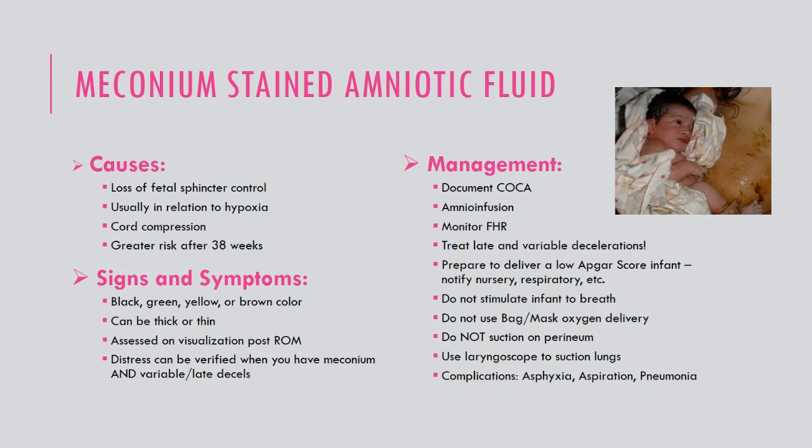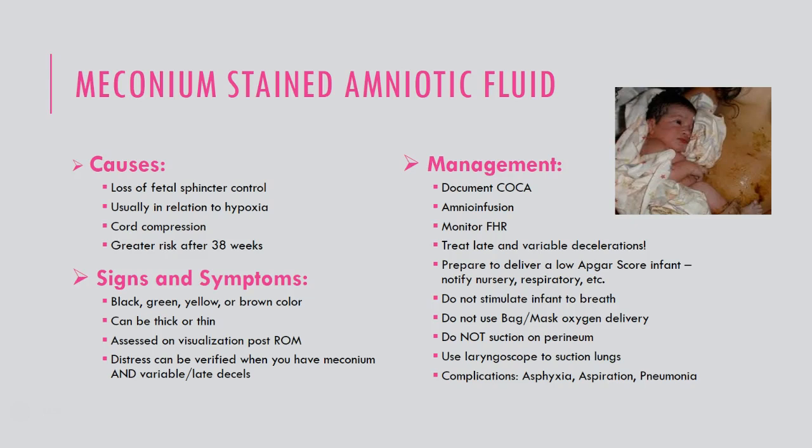You can verify distress when you have meconium and variable or late decelerations in the fetal heart rate tracing. If you have meconium in the amniotic fluid and you're seeing tracings on the fetal heart rate monitor that include variables or late decels, that baby is in distress. We manage this by obviously documenting what we find upon our assessment.